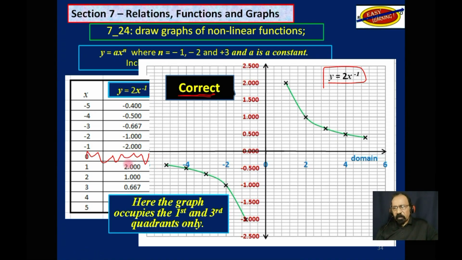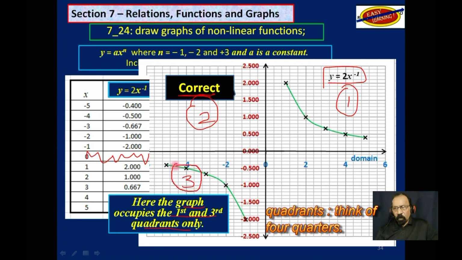Now here, the graph occupies the first and the third quadrants only. Remember, this point over here is the first quadrant. This one on the left here is the second quadrant. This one down below here is the third quadrant. So when I talk about quadrants, you should understand what I'm talking about. And this one over here is the fourth quadrant.